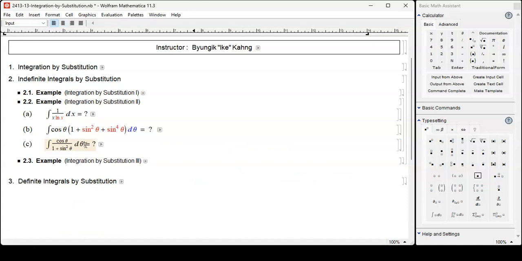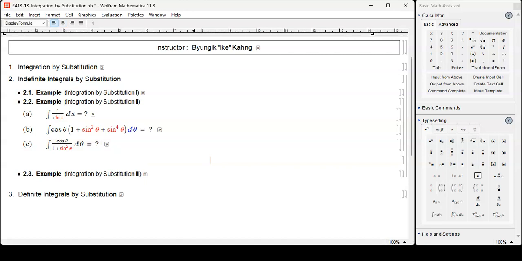Okay, one more problem, and this is the hardest of the bunch. Well, after this experience, you can now see you're taking sine of theta as your substitution. Is that straightforward to you?